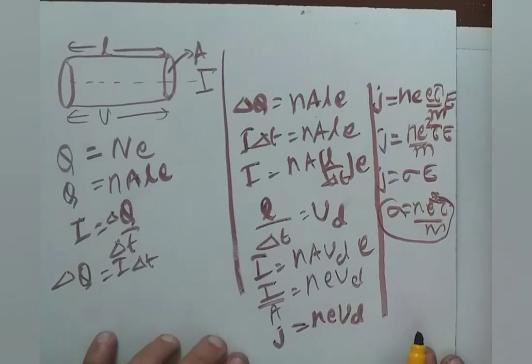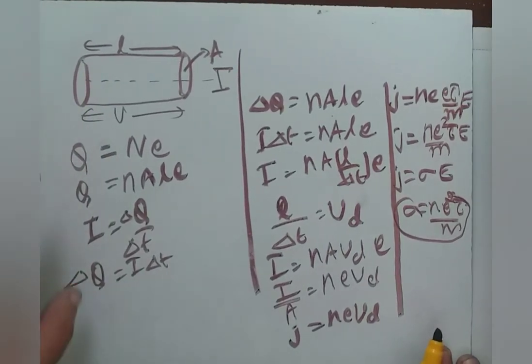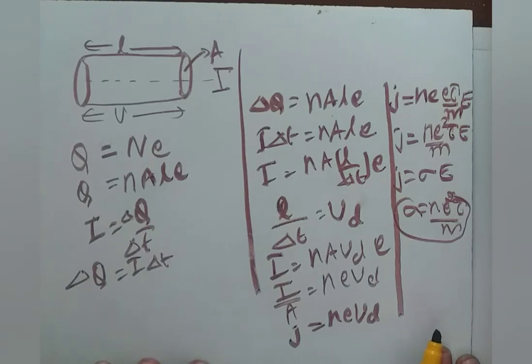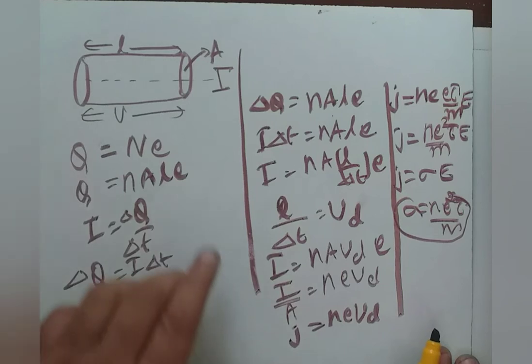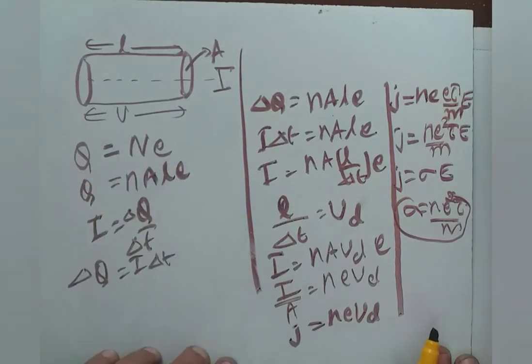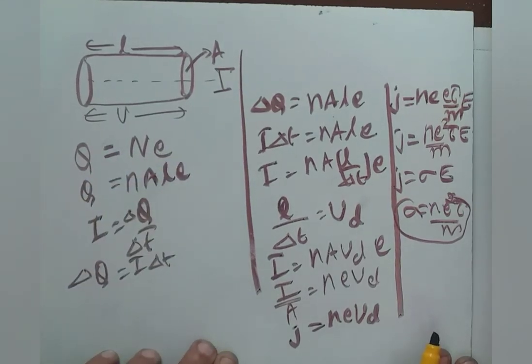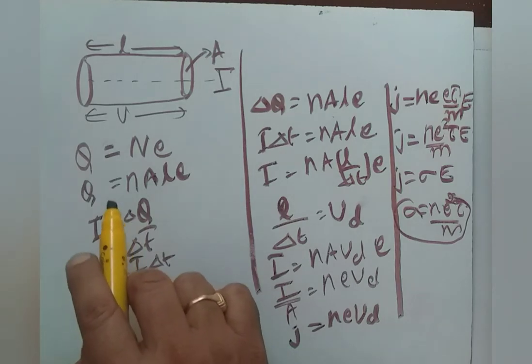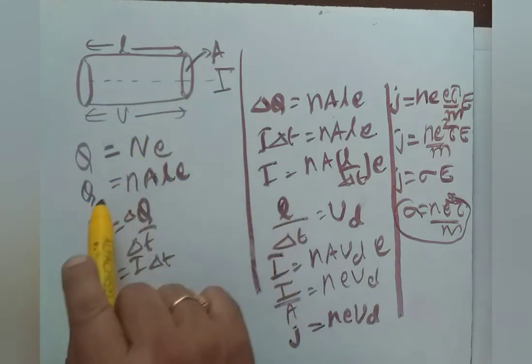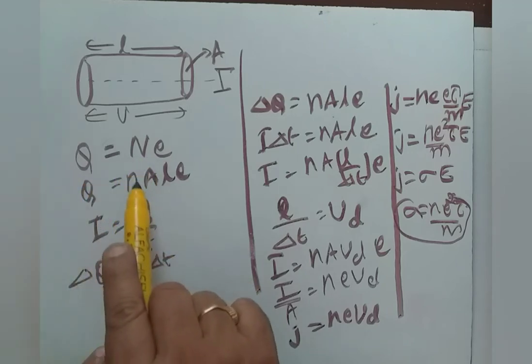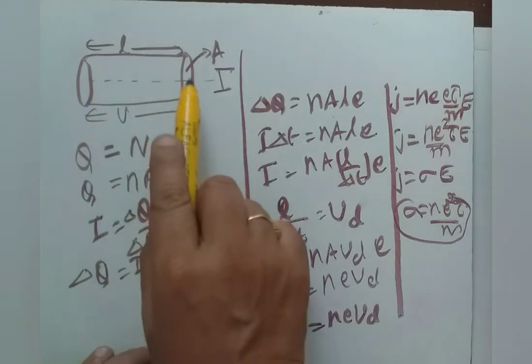Let me go through the derivation once again. Just observe. We have considered a conductor of length L applied with potential V, and current I is passing through it. A is its area of cross section. From quantization of charge, we want to write at any instant the number of free electrons in this. Q equals N into e, but N is the total number of free electrons in this.